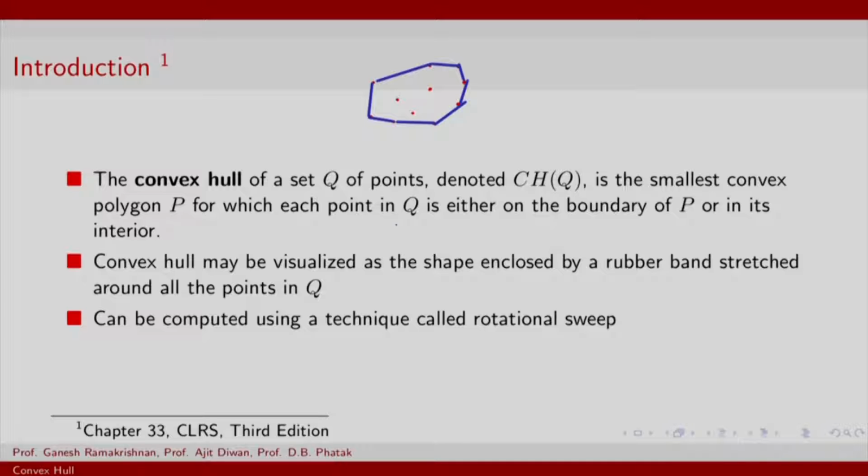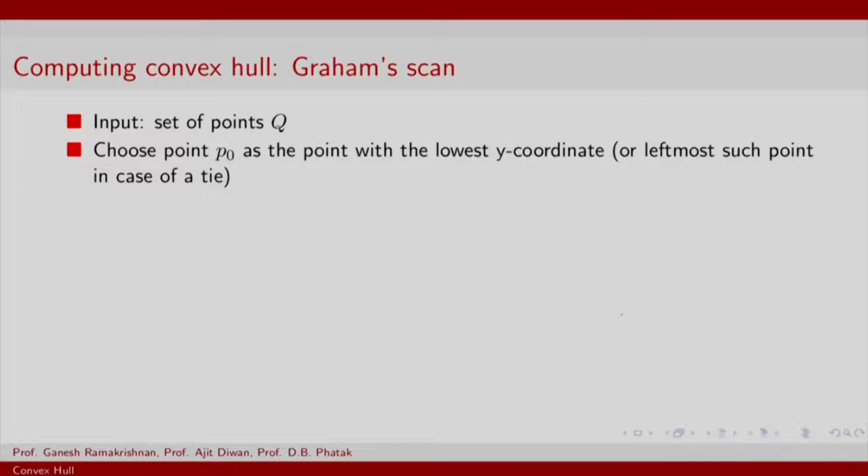Now this can be computed using a technique called rotational sweep. We will discuss one flavor through the well known Graham-Scan algorithm. So Graham-Scan does the following: given a set of points Q, it starts with a point P0 which has the lowest y coordinate, which is the point which is at the bottom.